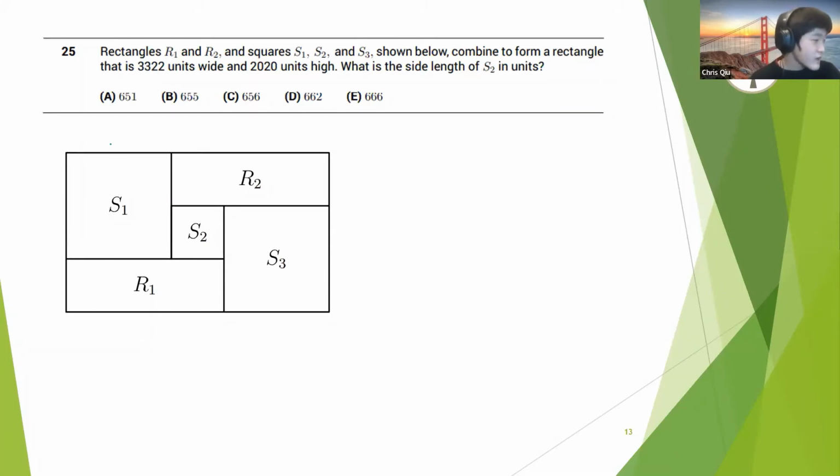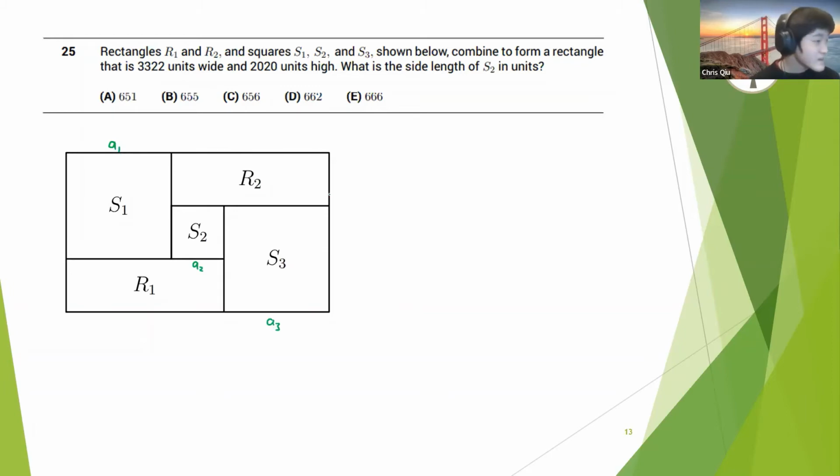So we're gonna give a variable to the side length of square s1, and we're gonna say this is a1. We're gonna give a2 to the side length of s2 and a3 to the side length of s3.